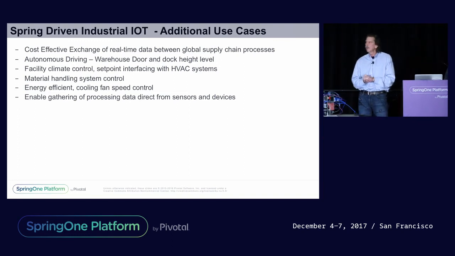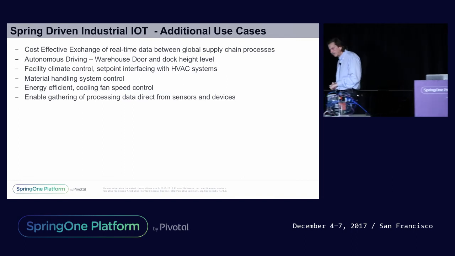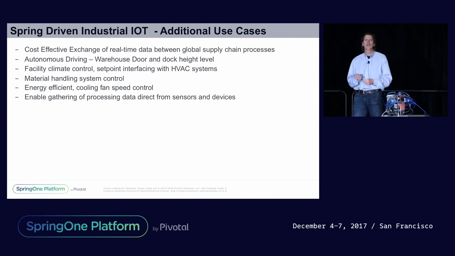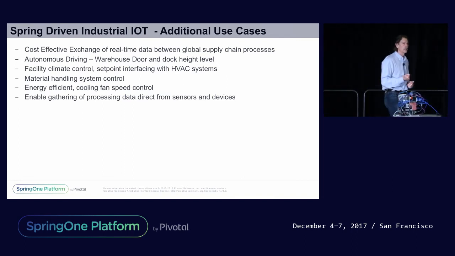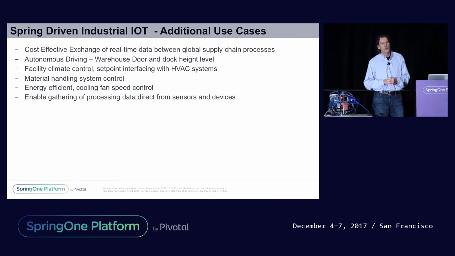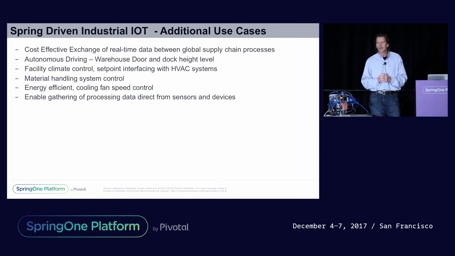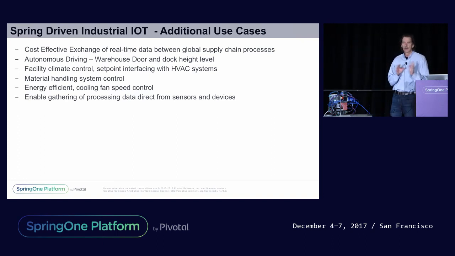Enabling the gathering of data directly from sensors and devices. Now, this would be possible if the response that you need is not in milliseconds. If you're measuring temperature on something that's got large heat capacity, or you're measuring levels in tanks that have large volumes and the level doesn't change that often, then it's possible to go direct from the device.